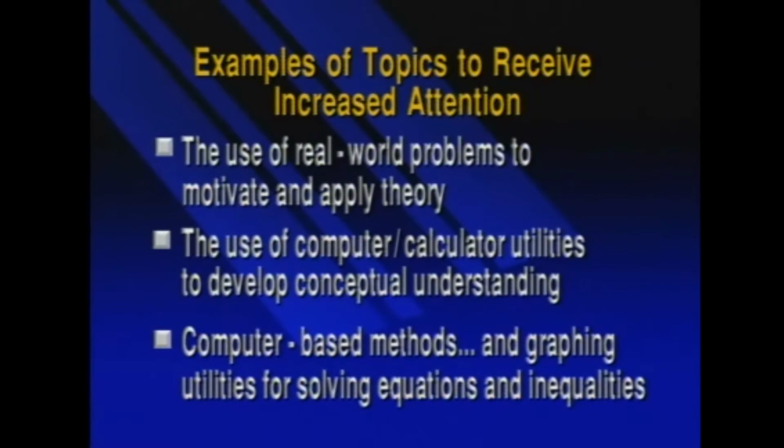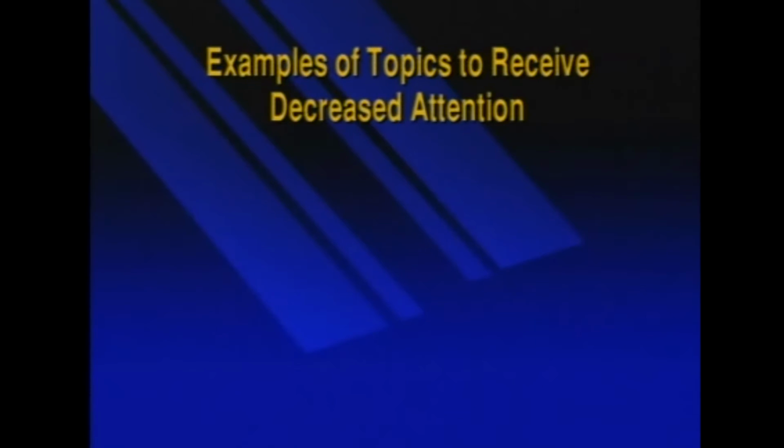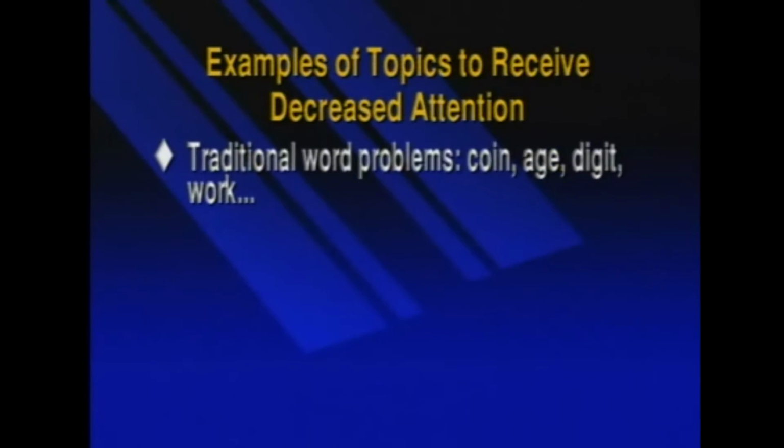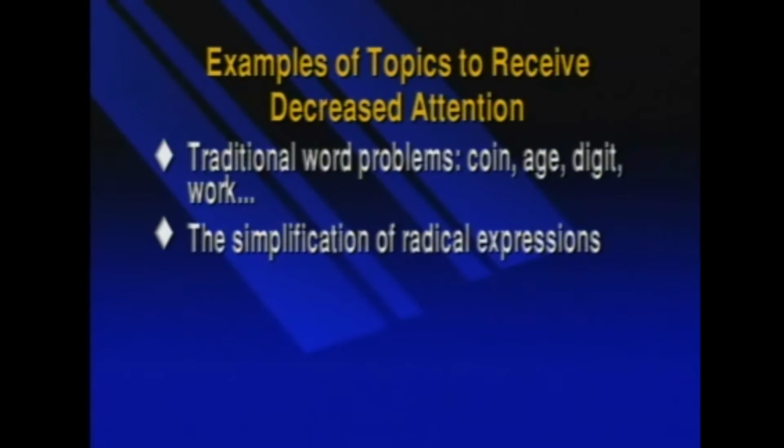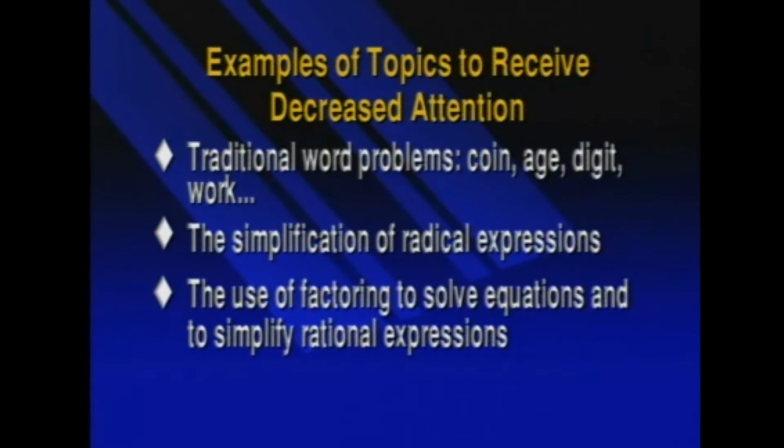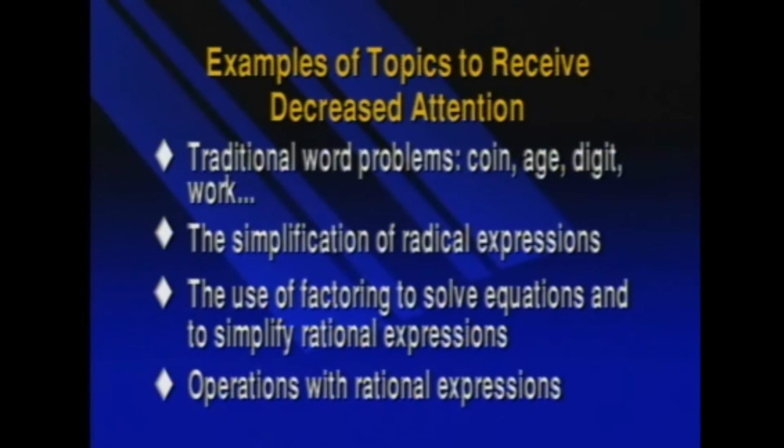Those are 3 examples. Some topics that need to receive decreased attention are traditional word problems like coin problems, digit problems, age and work problems. The simplification of radical expressions, the use of factoring to solve equations and to simplify rational expressions, operations with rational expressions.